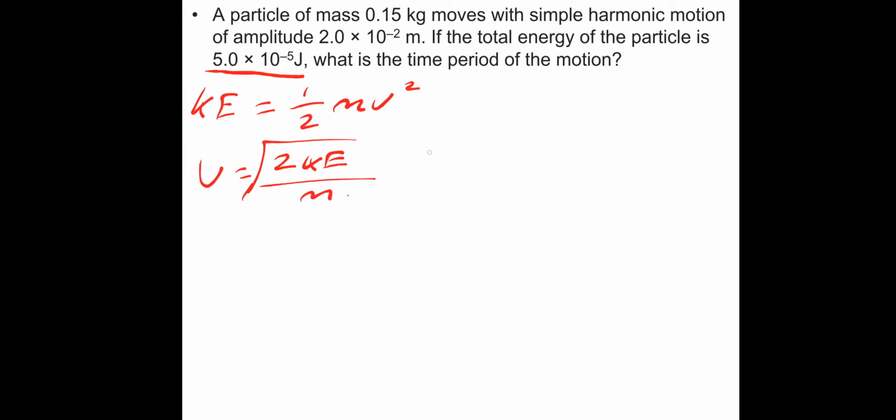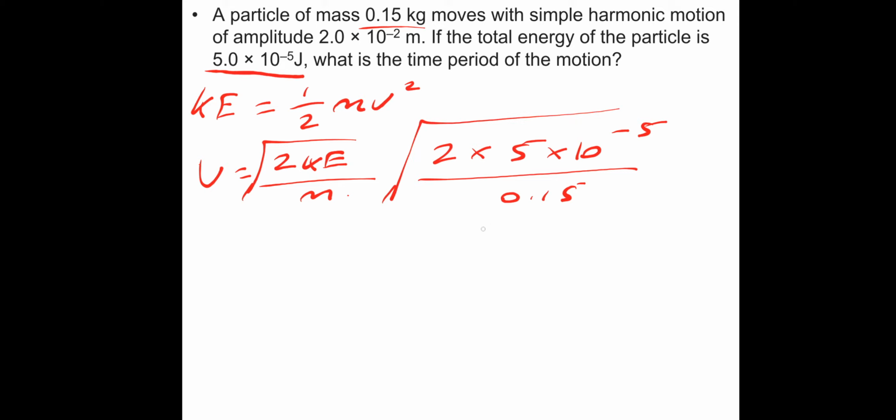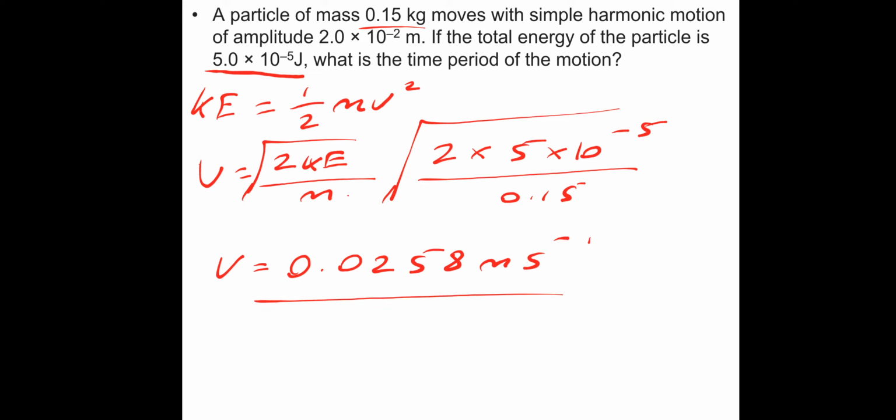So we've got 2 times 5 times 10 to the minus 5, divided by the mass, which is 0.15, and then we just need to square root that value. So that gives us a maximum speed of 0.0258 meters per second. Just make sure that number's correct or written down if you got this wrong.